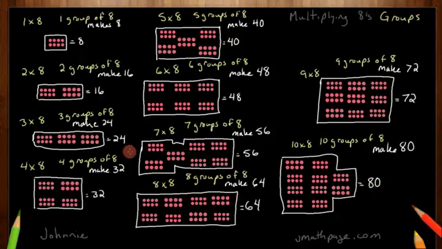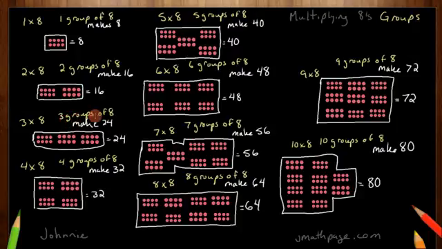Let's look back at this for a moment. We started off by wondering what groups were, and we said that when you look at a sentence like this, you can think of one group of 8, two groups of 8, three groups of 8. Then we said, well, what does that look like? We drew out pictures for each one of them, and if we said 2 groups of 8, we made 2 groups of 8.